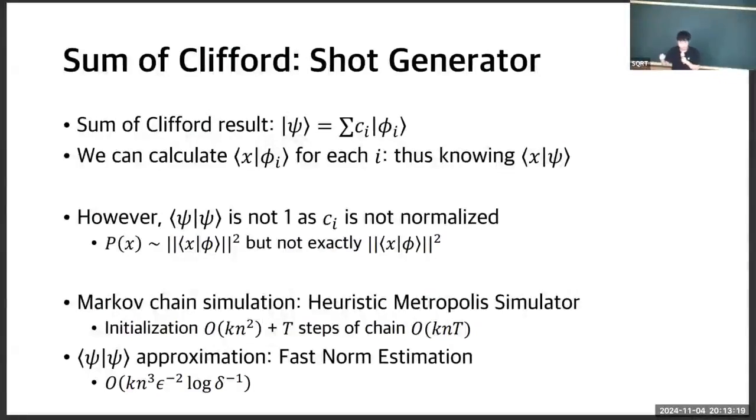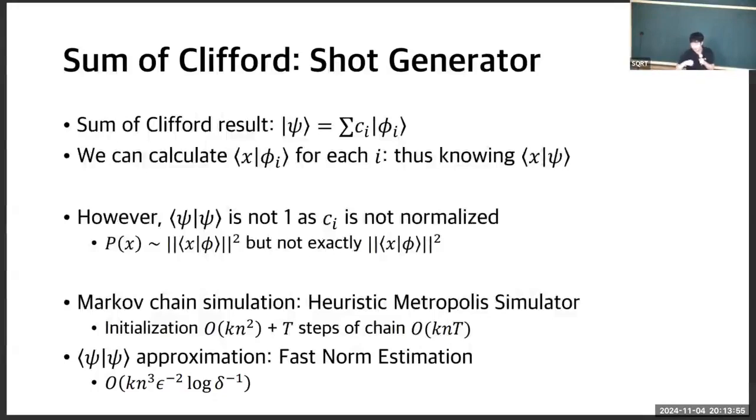Then we can just take that as a reference for Markov chain simulation, because that just takes the ratio of probabilities to produce the sample here. So at least this is a shot generator, so it takes the probability of p(x) here, but this p(x) can be calculated for all the 2 to the n possibilities, but that is too much, so it takes too much time.